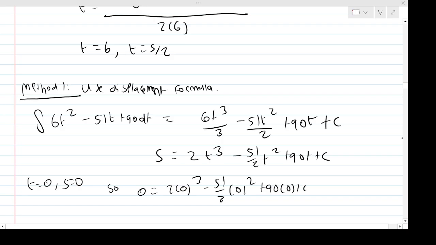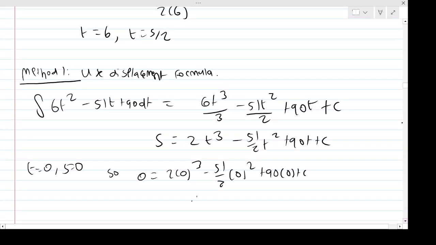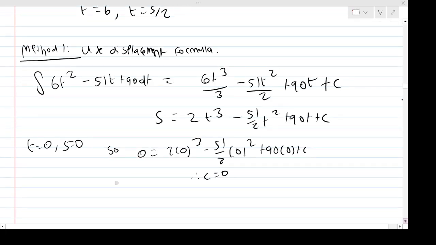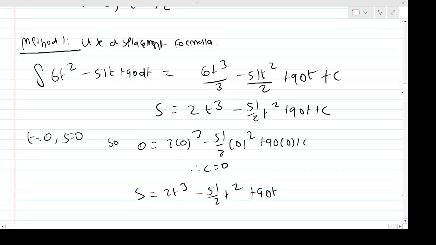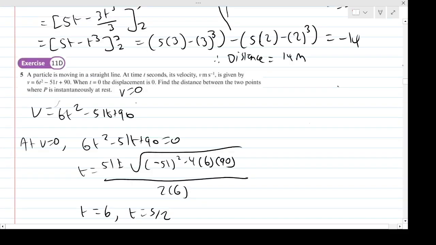And basically all the zeros cancel out. So I just get c is 0. Okay, so therefore my final formula is S is 2t cubed minus 51 over 2 t squared plus 90t. Okay, that's my displacement formula, cool.